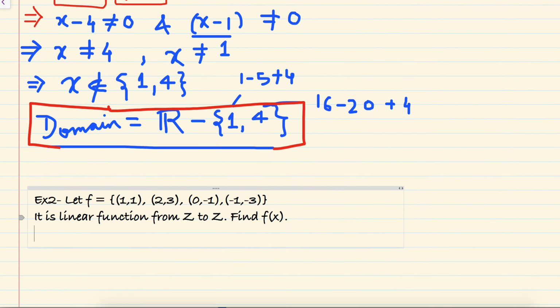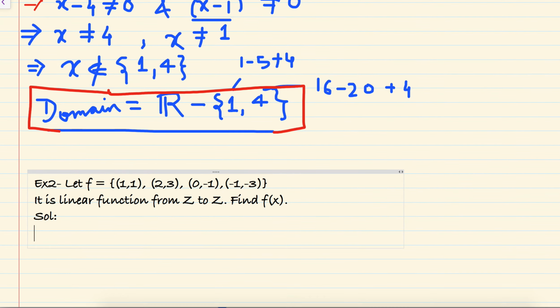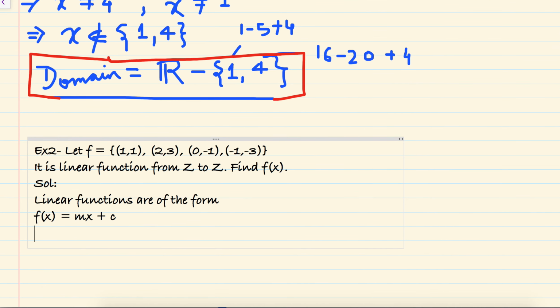In the last class we had seen linear functions. Linear functions f(x) take the form mx plus c, where both m and c are constants. So we can write that linear functions are of this form, and then we will substitute the values that we are given here.